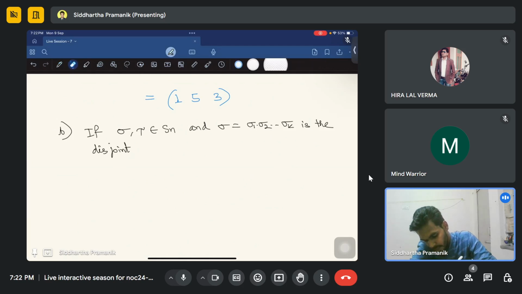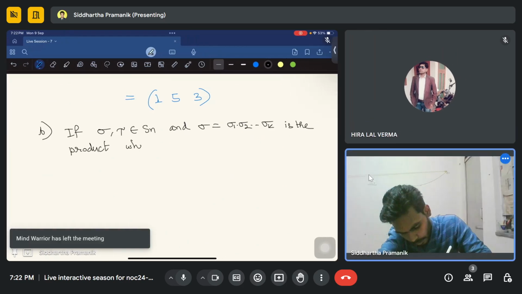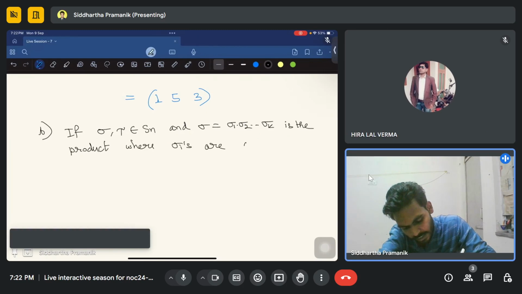Okay, we don't need the disjoint cycle form. Just say sigma is the product where the sigma i's are just cycles.